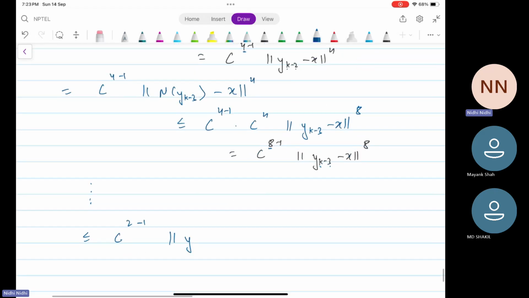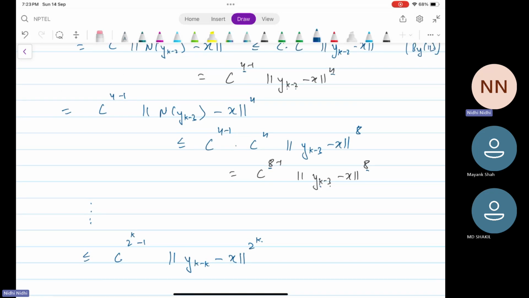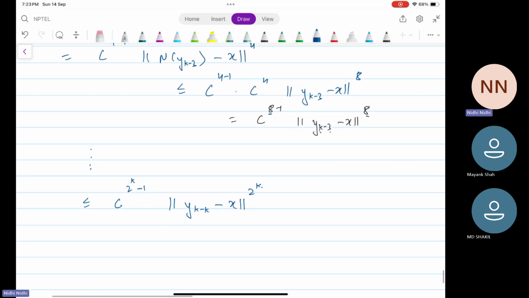So if I want this to be y naught, that would be yk minus k. In that case, I should get c to the power 2 to the power k minus 1, times norm y naught minus x, again to the power 2 to the power k. The 8 and 8 are the same, 4 and 4 are the same. So this is equal to c to the power 2 to the power k minus 1, y naught minus x to the power 2 to the power k.